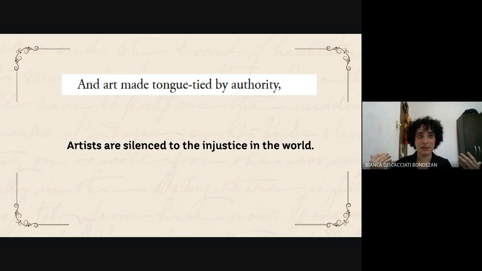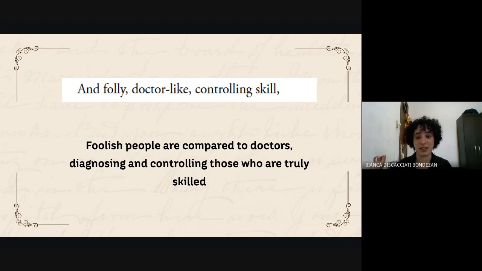I could only think about American artists who are saying nothing about ICE, and about strength wrongfully used to oppress people. The artists are not saying anything. So back then, in Shakespearean time, the artists were also silenced by authority. Not necessarily by authority, but they are not saying anything about the injustice in the world.